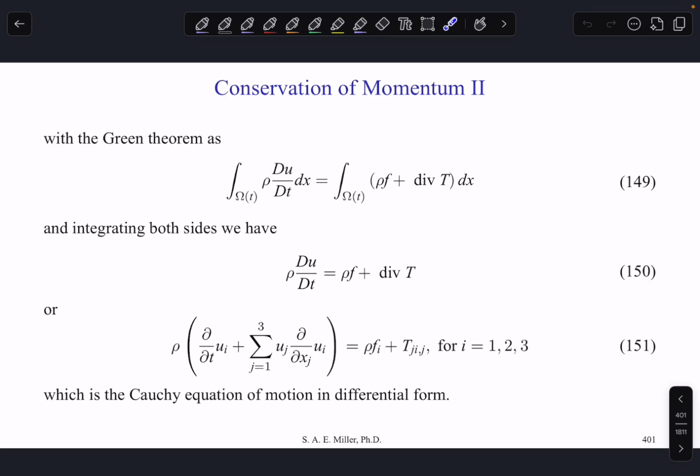Rho times the material derivative of u equals rho f plus the divergence of T. We can simplify this as 151, which is the Cauchy equation of motion in differential form for i equals 1, 2, 3, which represents perhaps the x, y, and z directions in the Cartesian coordinate frame. And this should be starting to look like the Navier-Stokes equations, which we previously derived in a slightly different way.